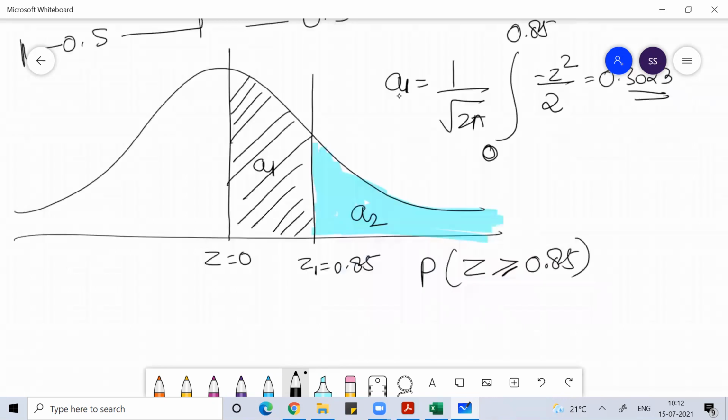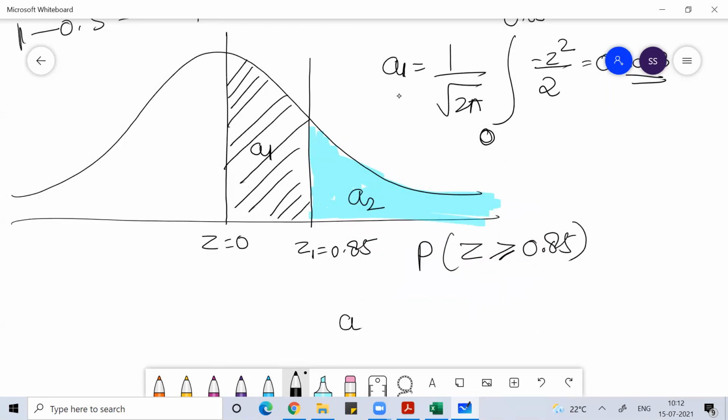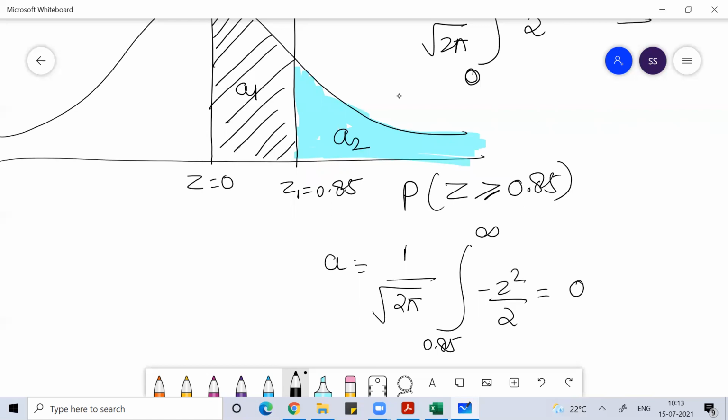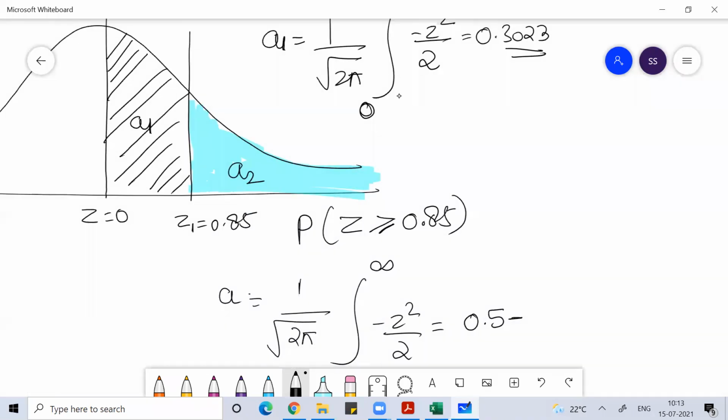If you're talking about the area corresponding to 1 by root 2 pi, integral from 0.85 to infinity of e to the power minus z square by 2, that area is nothing but 0.5 minus 0.3023.